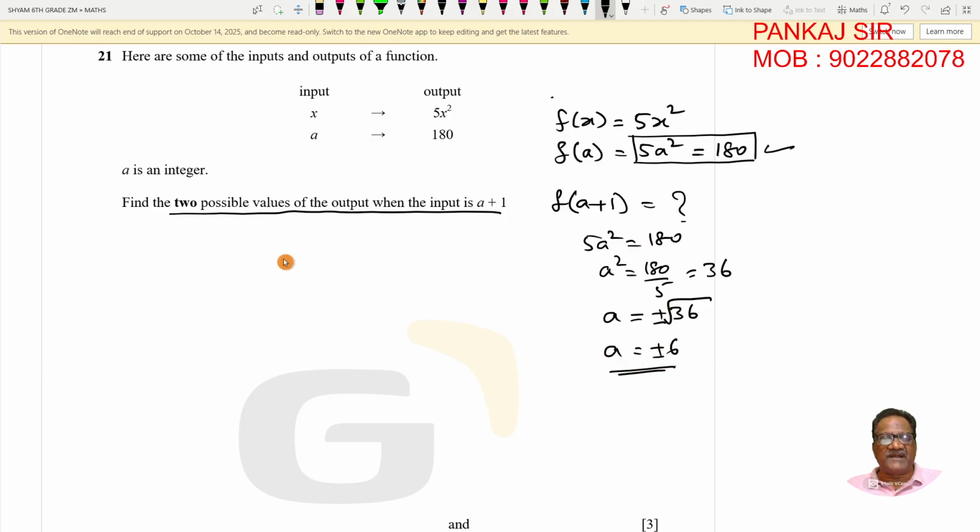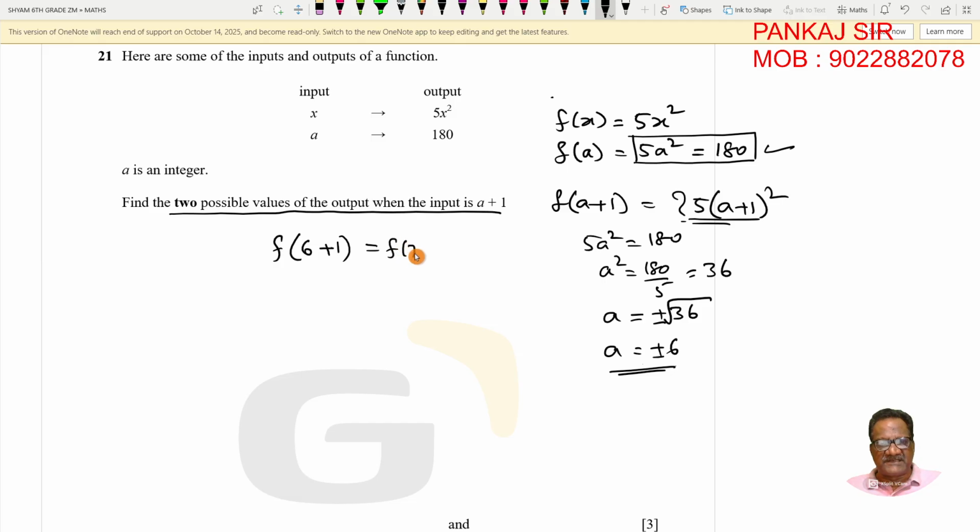So turn by turn, let me take the a value first. I will take as 6. 6 plus 1. This will be equal to how much? Now f of a plus 1, according to this, should be 5 times a plus 1 the whole square, isn't it? So when a is 6, a plus 1 will be 6 plus 1, 7.